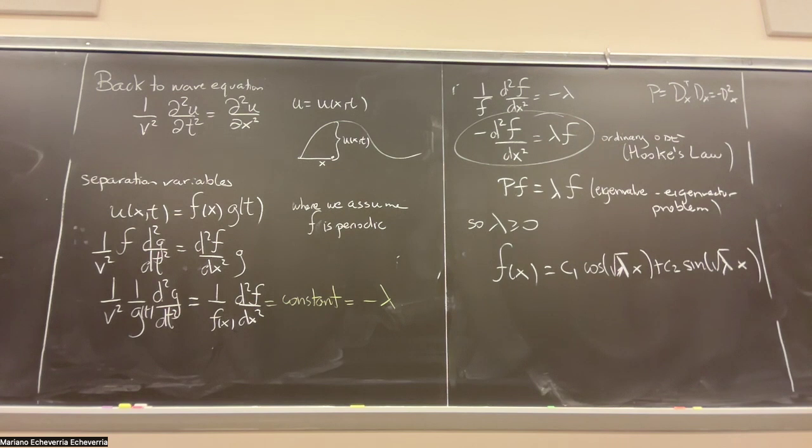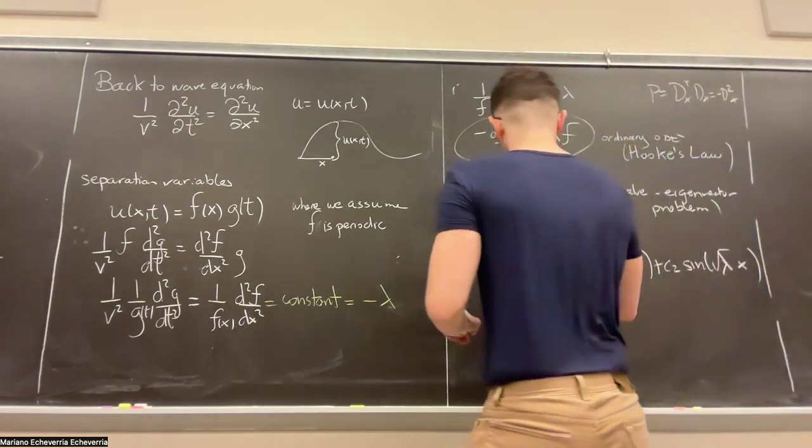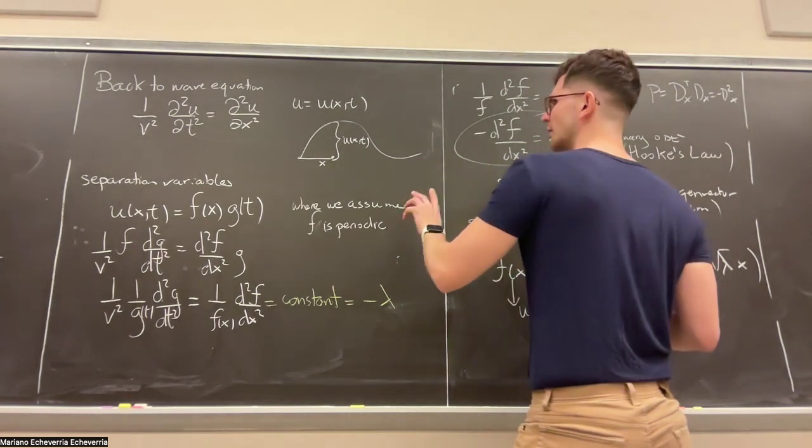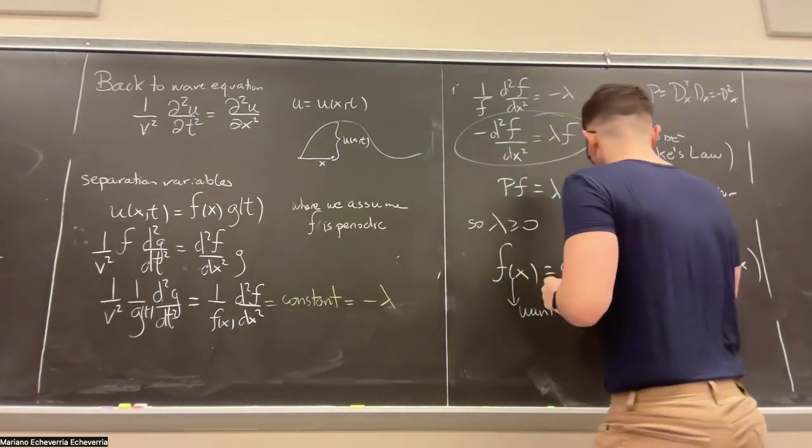Now, this is what we get so far, but from what we have been discussing, the lambdas have to be non-negative. The other thing that you get, which is more interesting, is that we are trying to find solutions which are periodic, right? So you do want to impose a periodicity condition on the solution. You do want f to be periodic, say with period 2 pi.